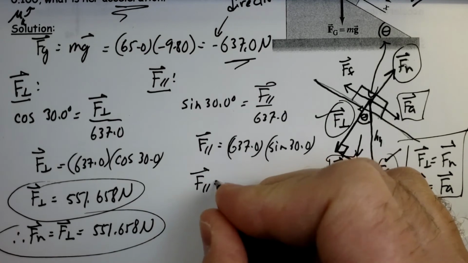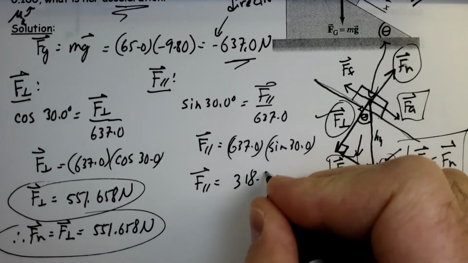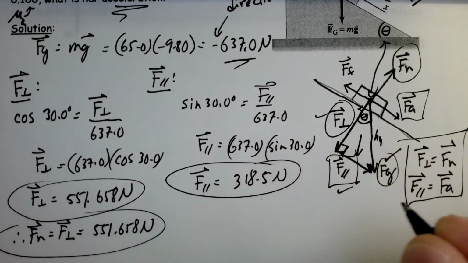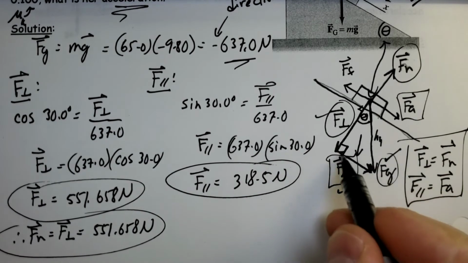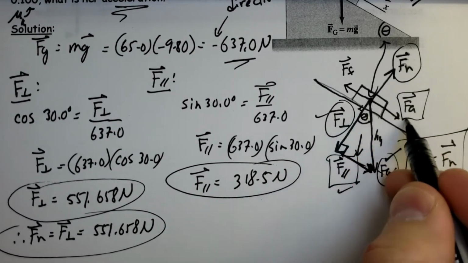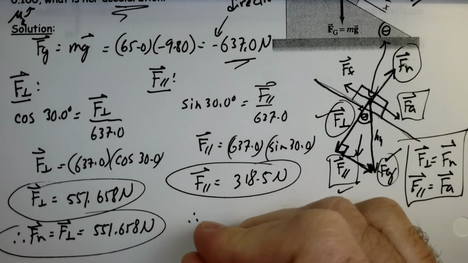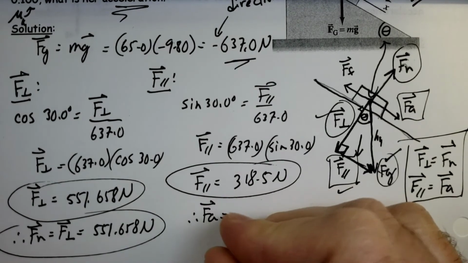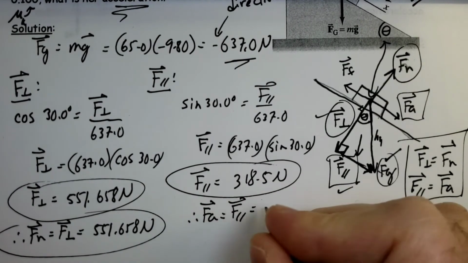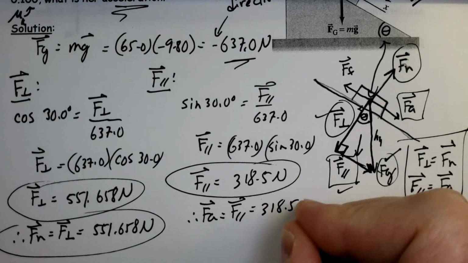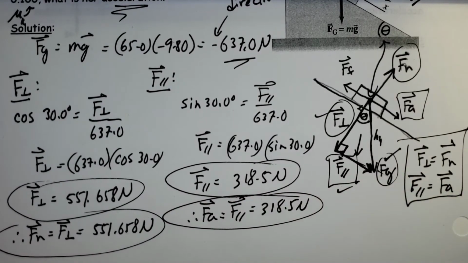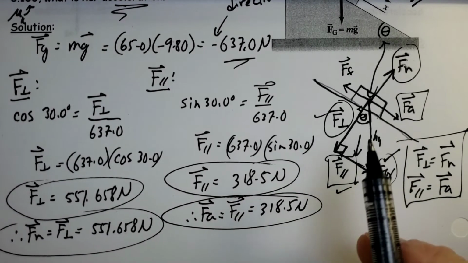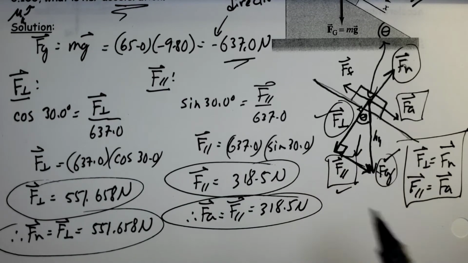So F parallel, 318.5. And parallel, also parallel is FA. So FA is equal to F parallel, so that's equal to 318.5. So with just figuring out that triangle, we figured out 4 forces because of this relationship and the geometry that exists with an inclined plane.